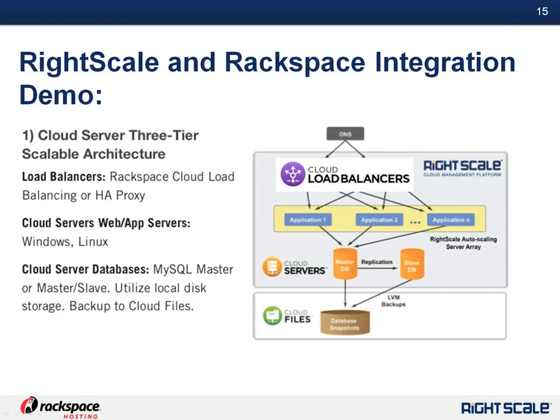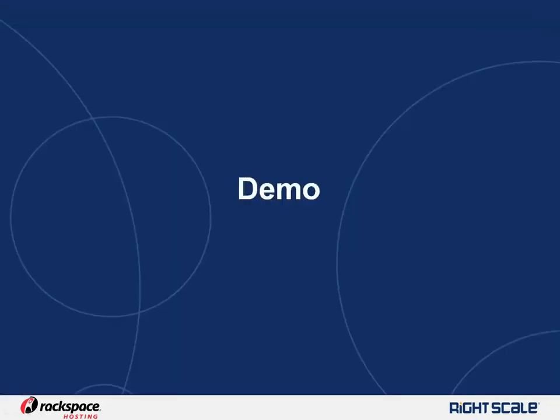And then the third tier uses a MySQL master-slave database configuration and uses cloud files for backing up those database files so that you can set up additional servers and also have that disaster recovery option. So let's get right into the demo here.